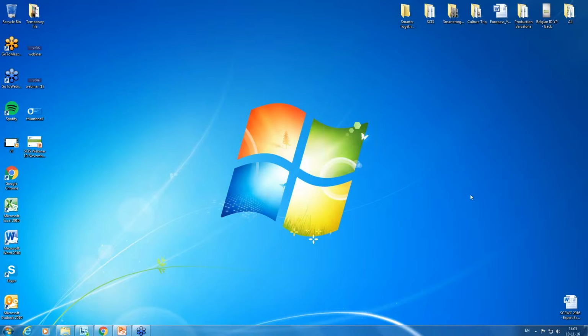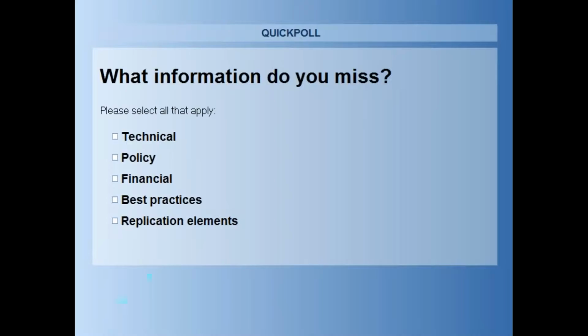So the second question is, what information do you miss? We have the options technical, policy, financial, best practices, and replication elements, and you can choose one or a few of those at the same time. Again, this is about what information you miss from the website. And if you don't think anything is missing, you don't need to pick an answer.